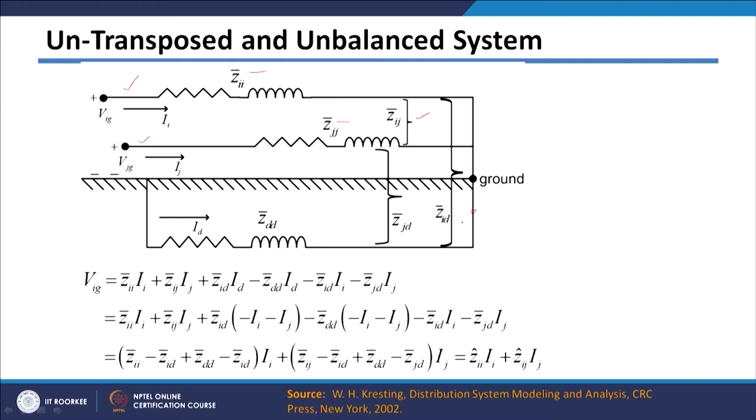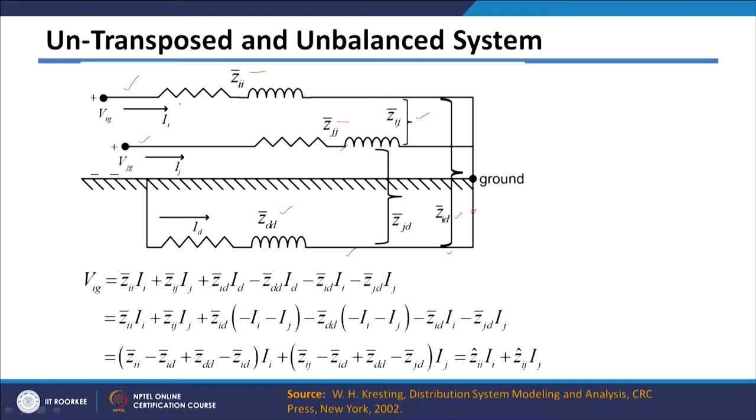So, there will be 3 conductors, and Zdd will be your self impedance of earth, Zjd will be the mutual impedance between conductor J and earth, and Zid will be the mutual impedance between conductor I and earth. So, all the mutual impedances and self impedances are shown there.